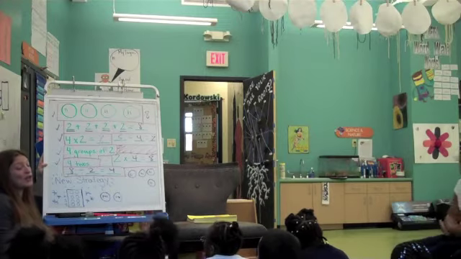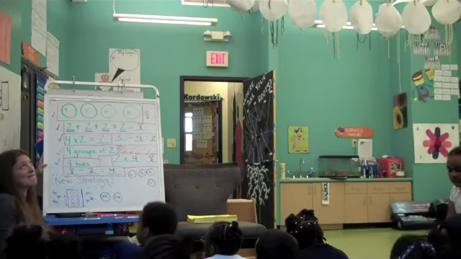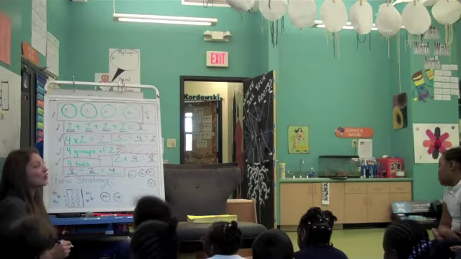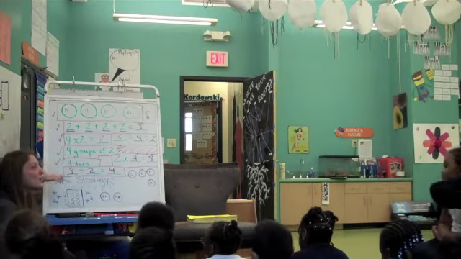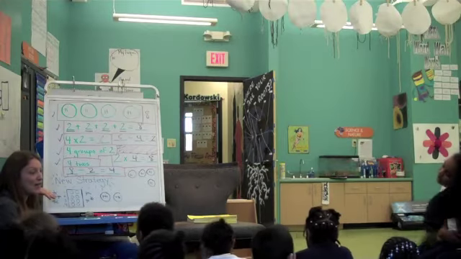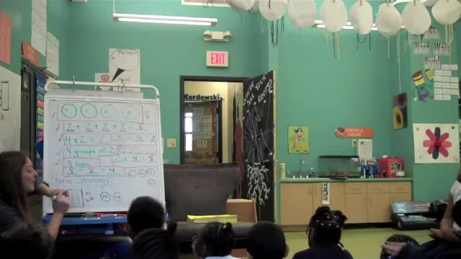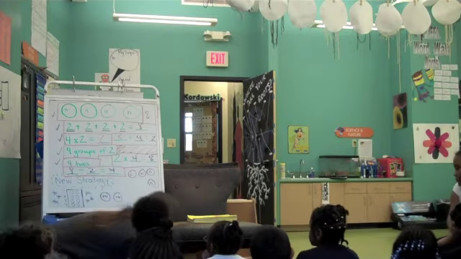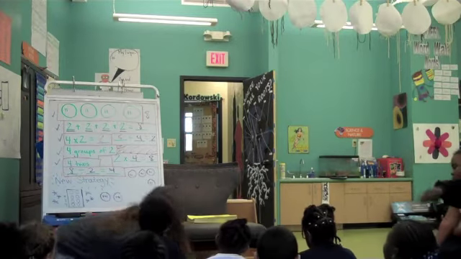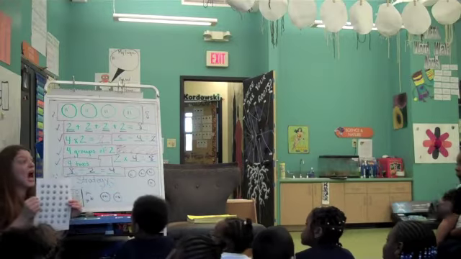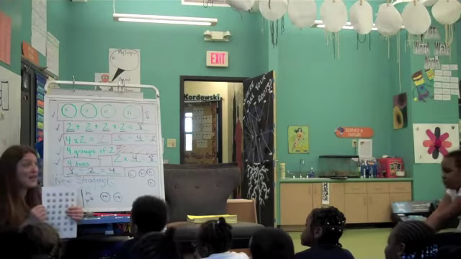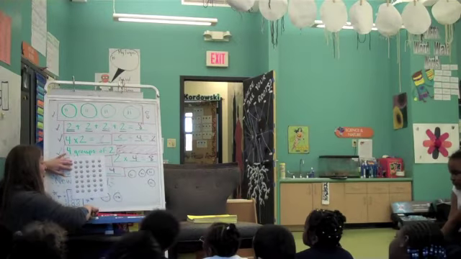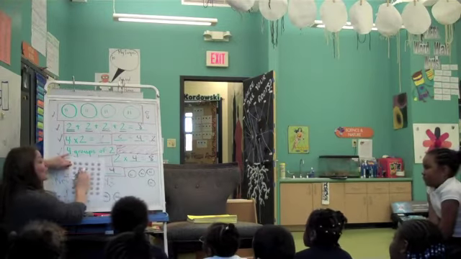On the dot page, you're going to show me 7 times 2. And you're going to show me all of the ways you can show me 7 times 2.